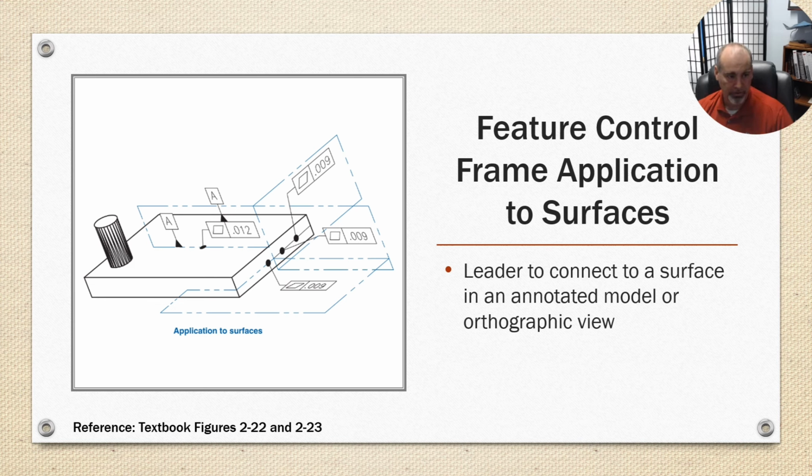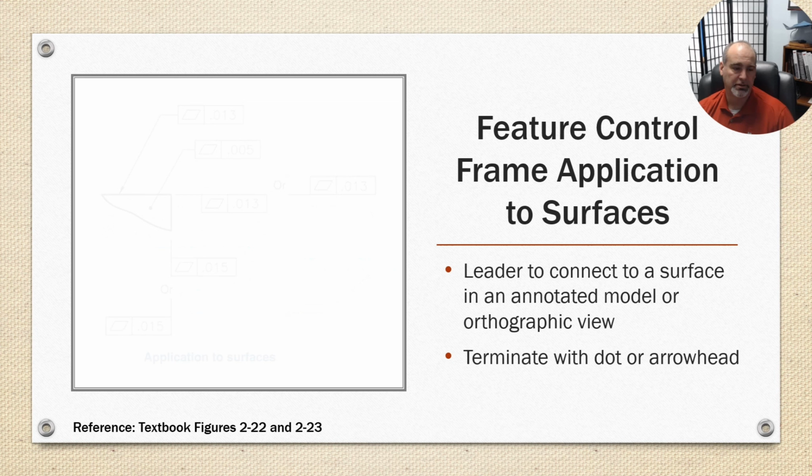They're just showing the different acceptable positions. The frames have to be in one of the primary views, and when they are contacting, they need to terminate in an arrow or a dot. So if it's pointing at an edge, it'd be an arrow. If it's pointing at a surface, it would be a dot, as shown on the left.